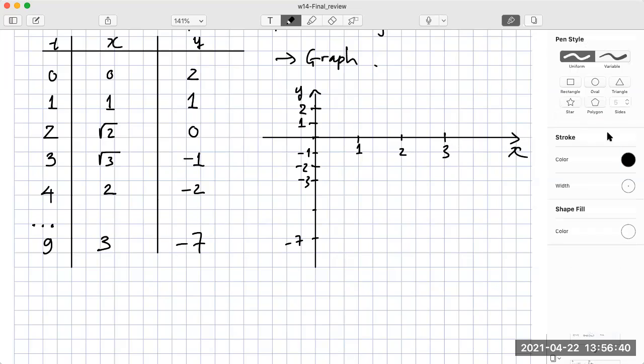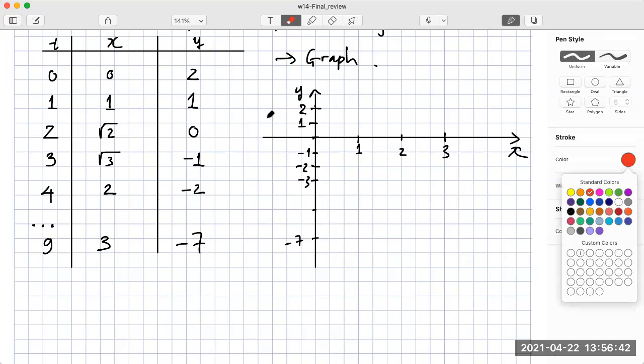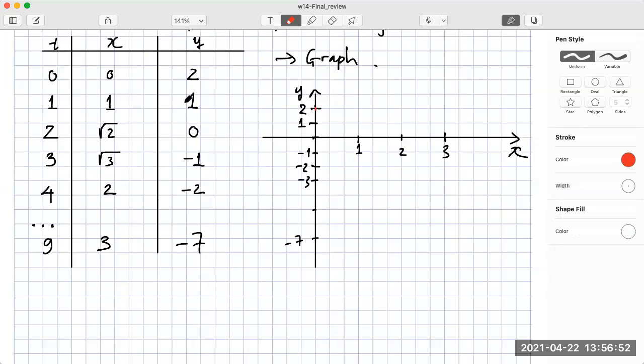Now we plot some values of these. At t is equal to 0, x will be 0 and y will be 2. It means that it should be this point right here. That is the first pair. The second one, when t is equal to 1, x will be 1, y will be 1. Where is it? Right here, x is equal to 1, y is equal to 1.